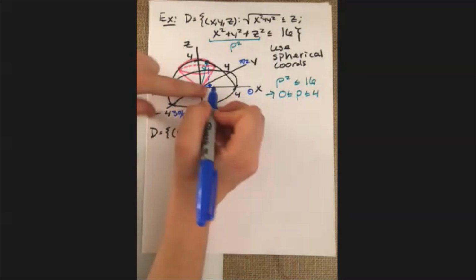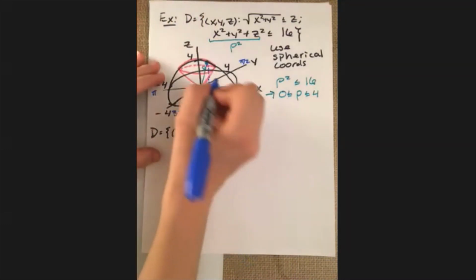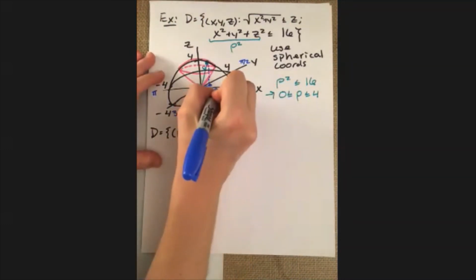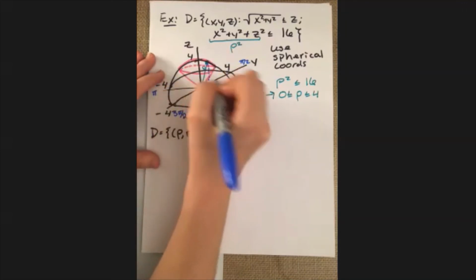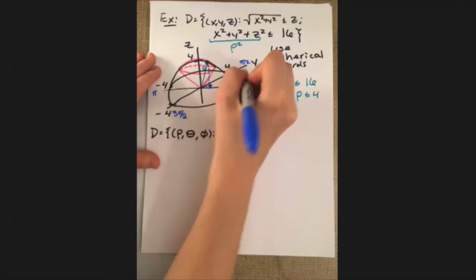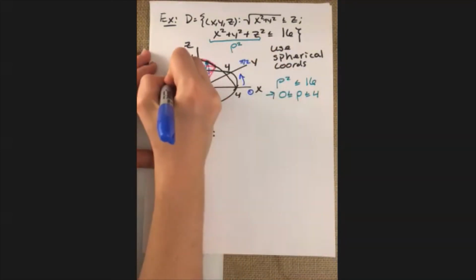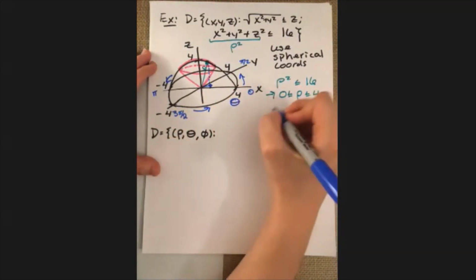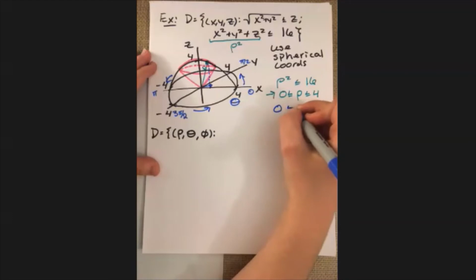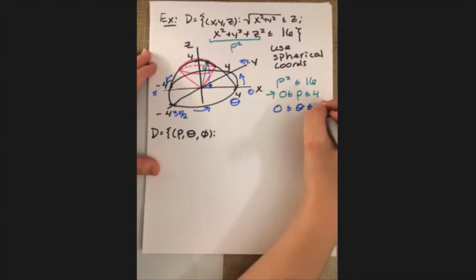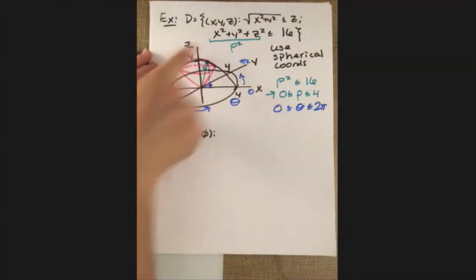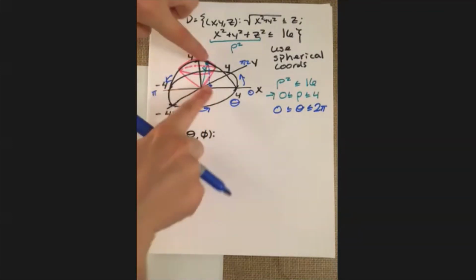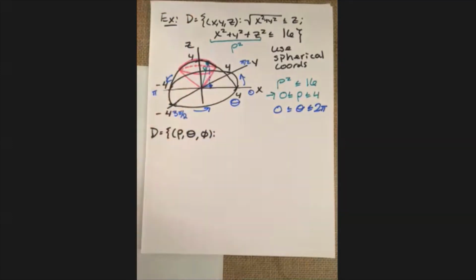And we note that we want the entire cone all the way around. So we want theta to be able to go all the way around, so theta has to be between 0 and 2 pi. Because we want it to start at 0 and come all the way back around. Otherwise, this won't be able to go all the way around the cone.